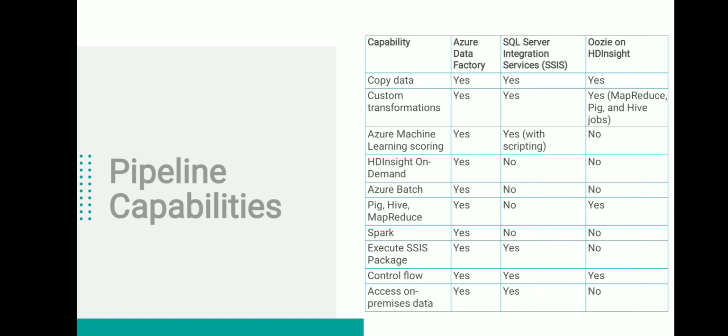You know your environment, now you know the tool and its capability from the pipeline perspective, what it can or cannot do. Because if you choose SQL Server Integration Services and you have big Hive or MapReduce queries, then obviously there will be a challenge. Similarly, if you use Azure HDInsight and you want to execute Azure Batch and machine learning scoring, that is going to pose a challenge.